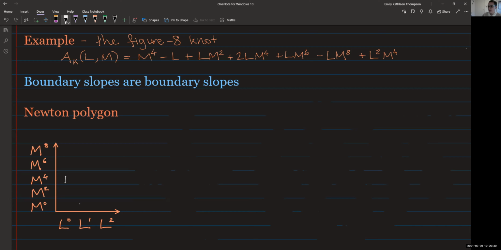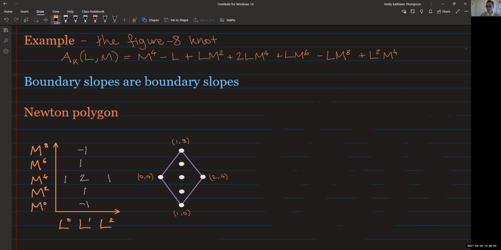Then we get a minus L, and then a plus L M squared, plus 2 L M to the 4, plus L M to the 6, minus L M to the 8, and plus L squared M to the 4.